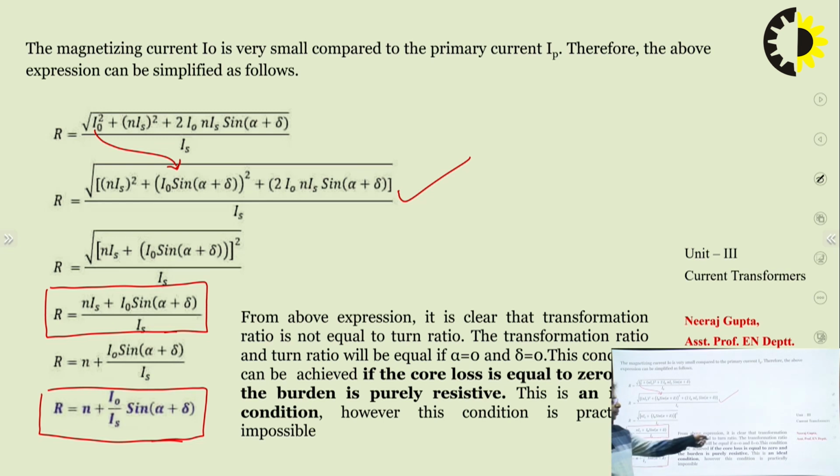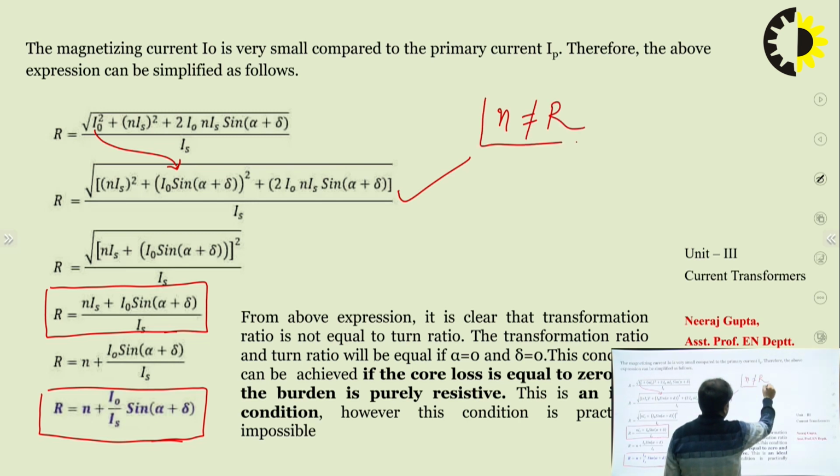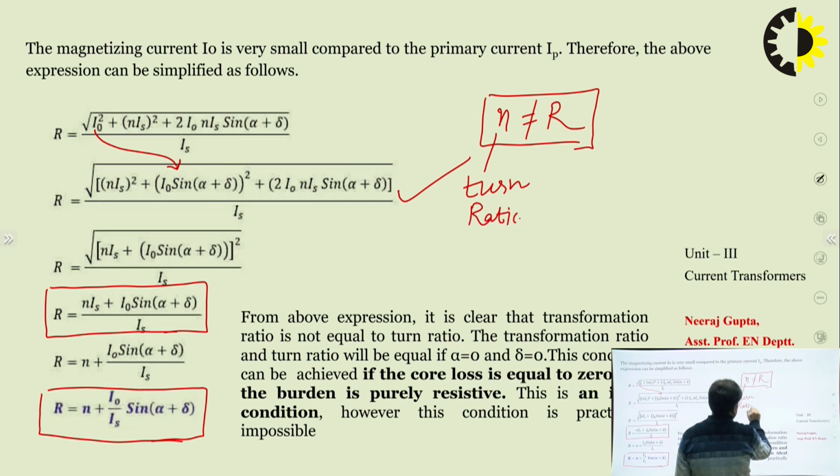From this expression, it is clear that the transformation ratio is not equal to the turn ratio. That is, N is not equal to R. N is the turn ratio, and R is the actual ratio.